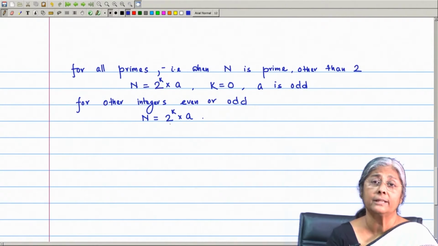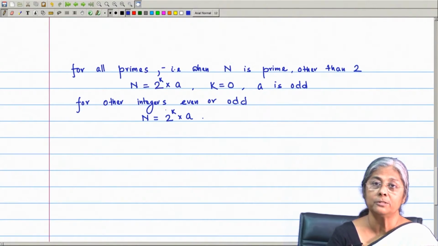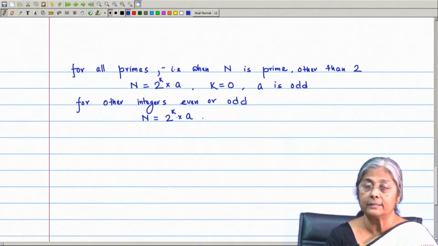For even numbers, we must get at least one 2, that means the power k is in that case greater than or equal to 1.